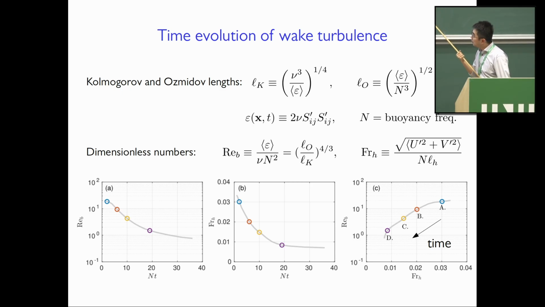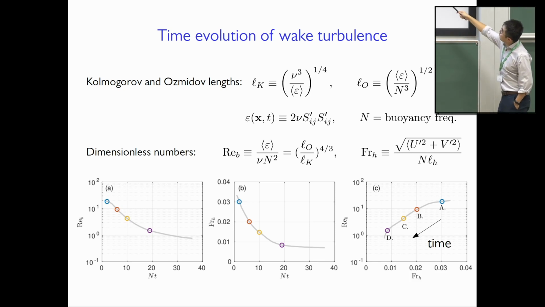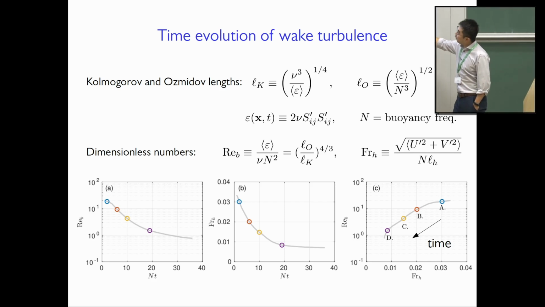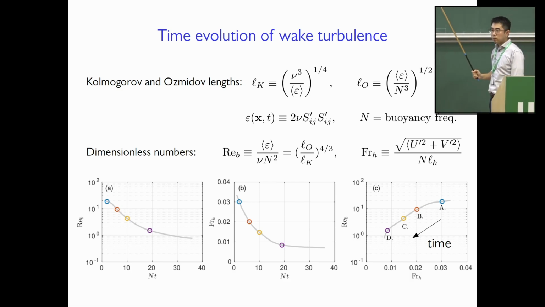I'll come back to that. Re_b, if you write it this way and use the definitions here for Kolmogorov and Ozmidov, you can show that Re_b is actually the ratio of Ozmidov over Kolmogorov.